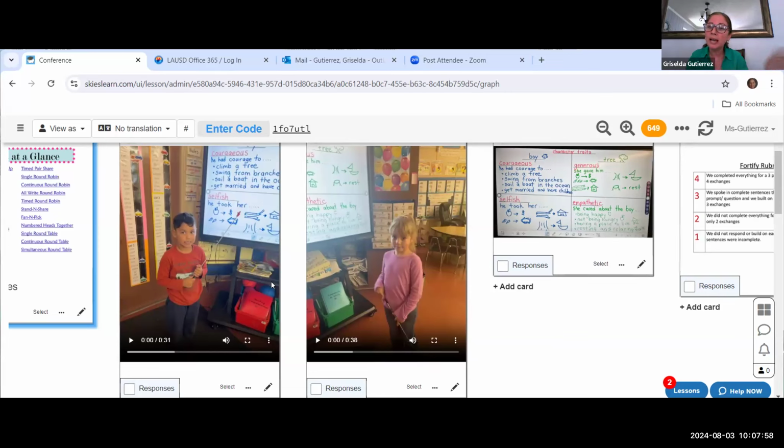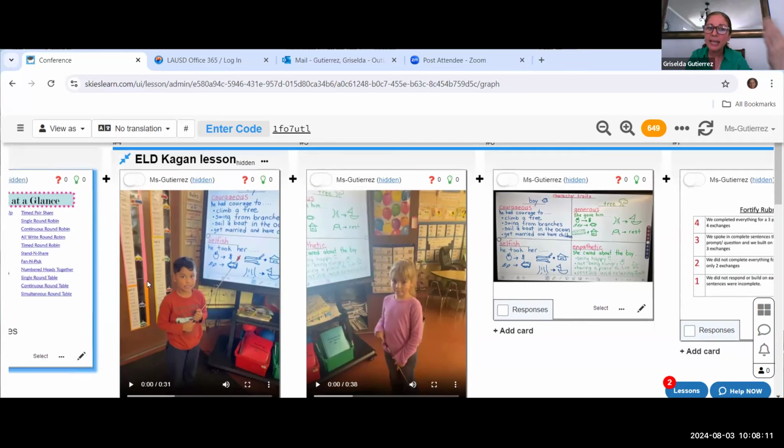I wanted them to have the background from a previous lesson so that they wouldn't forget, because the following day we were going to have a conversation. I recorded the kids. I'm sorry, the lesson was focused on character traits.